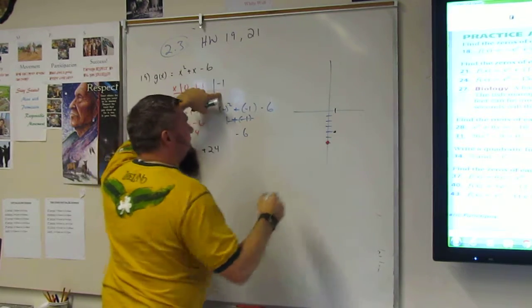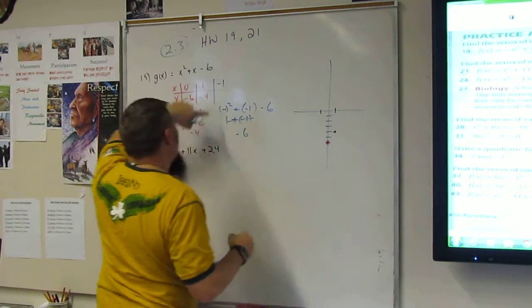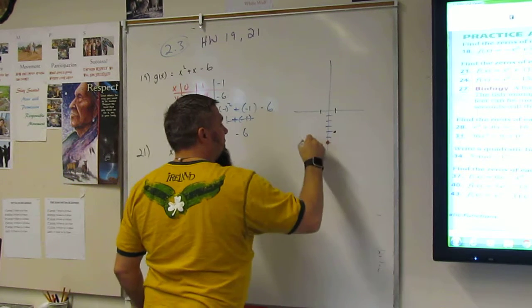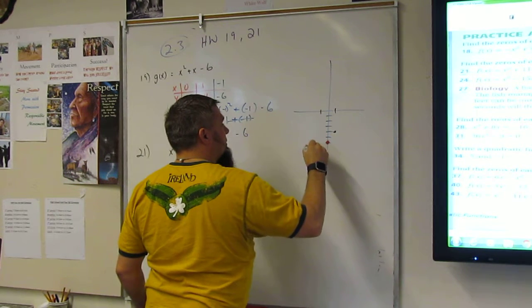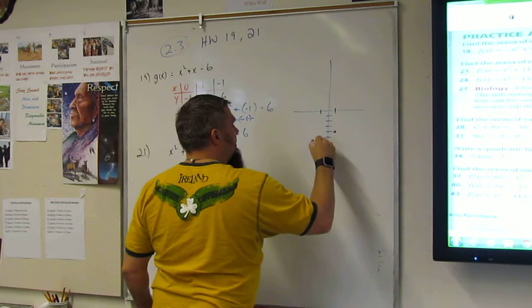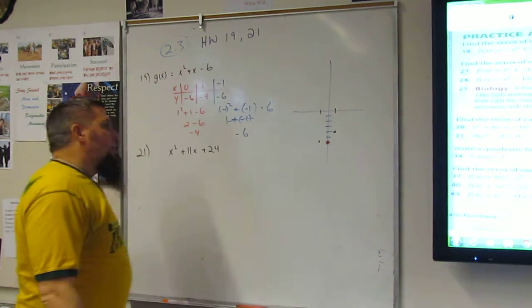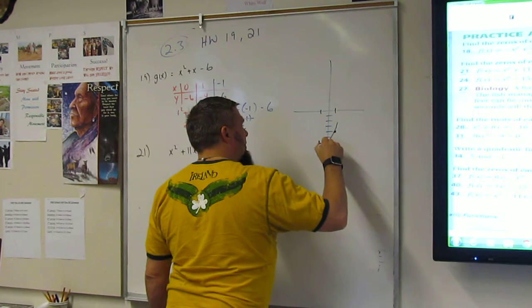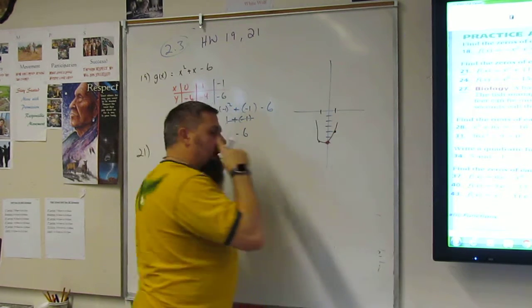Then we would graph a negative 1, and we found that to be negative 6. Negative 1, negative 6, right? So it looks like it's going to go like this, and then like this, right?